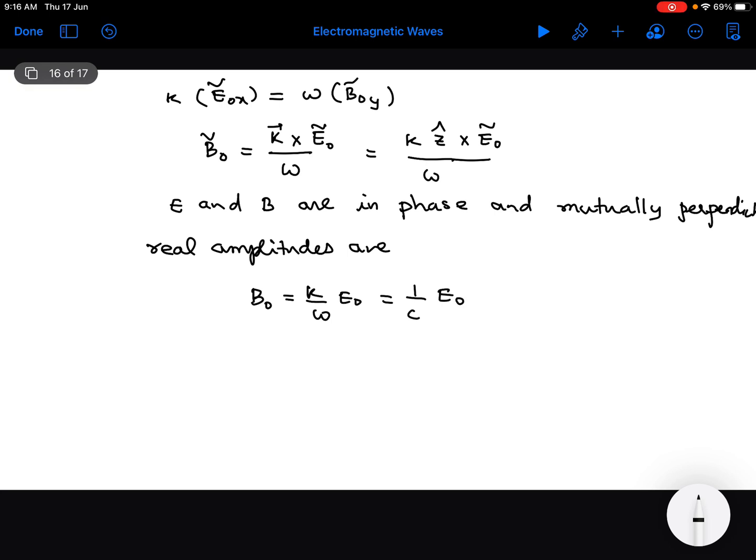So this is a relation between the electric field amplitude and the magnetic field amplitude.